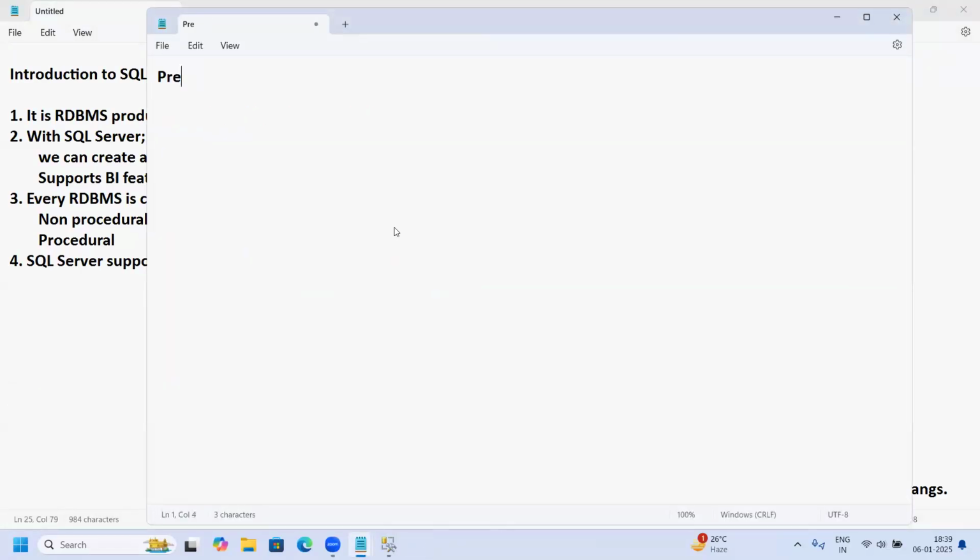One is system stored procedures, and all system stored procedures start with sp_. I'm giving you knowledge, an idea. Second, you have extended stored procedures. They begin with xp_.